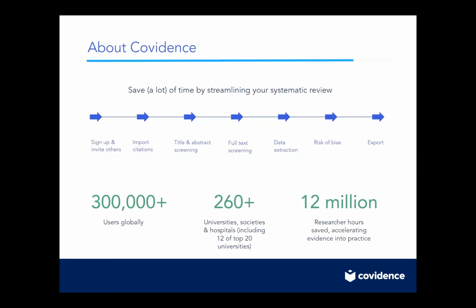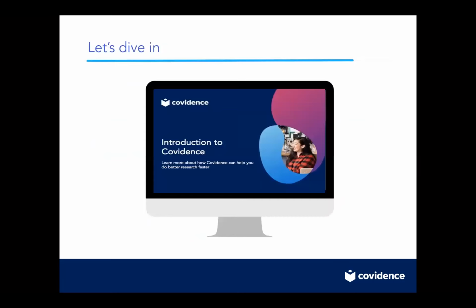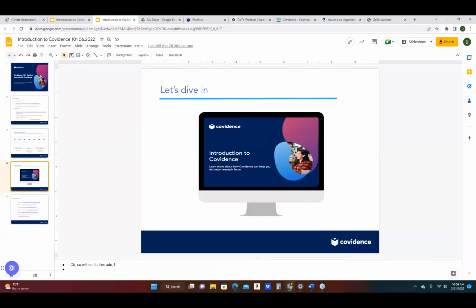We have a full-time team based around the world, continuously working on improving the product and providing technical support to our global user community. The platform is entirely cloud-based, nothing to download, and we support the world's largest review community with over 300,000 users around the globe. So let's go ahead and begin the presentation.